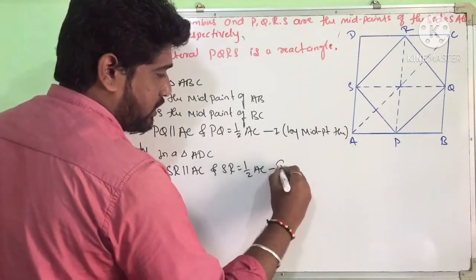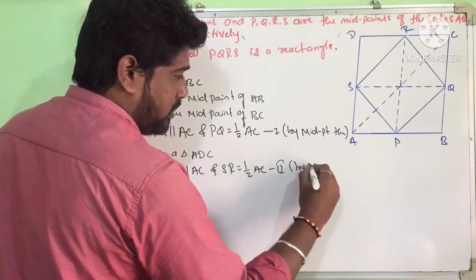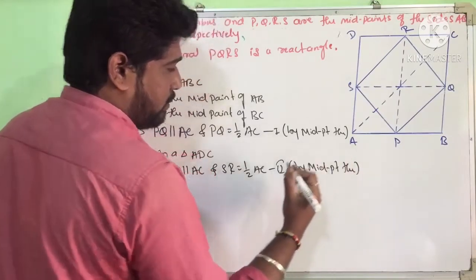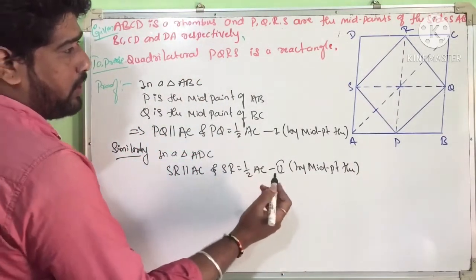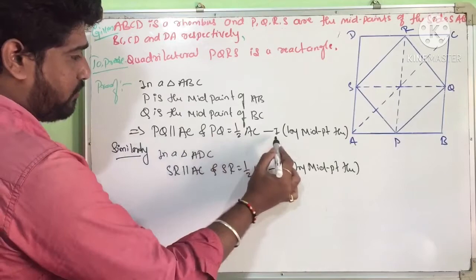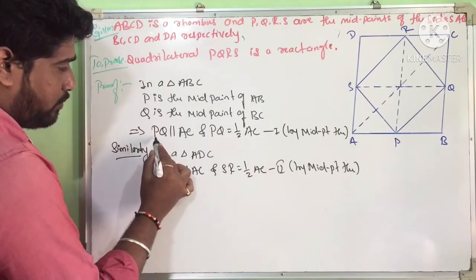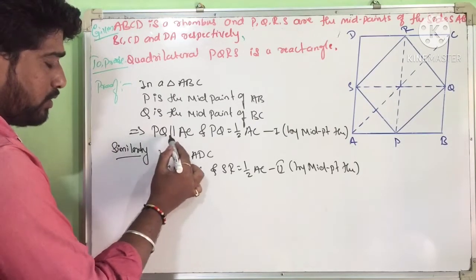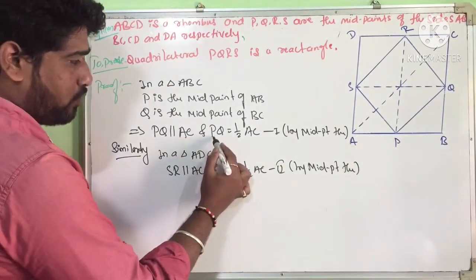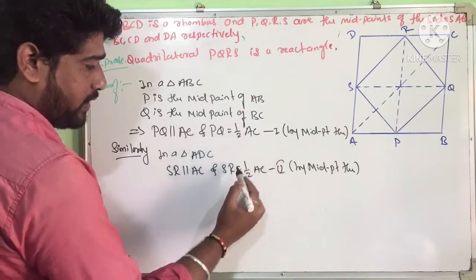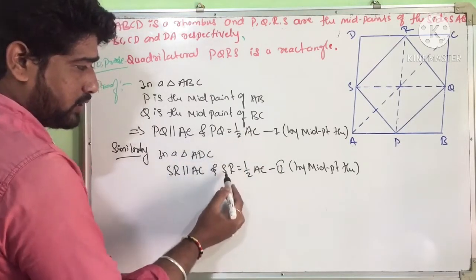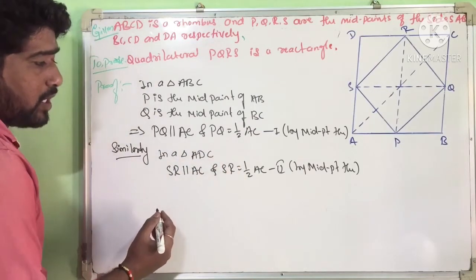So call this equation 2 by midpoint theorem, right? Now from equation 1 and 2, see here, PQ is parallel to AC, SR is parallel to AC. It means PQ is parallel to SR. Here also PQ is equal to half of AC, SR is equal to half of AC. It means RHS are equal, so LHS are equal. PQ is equal to SR.